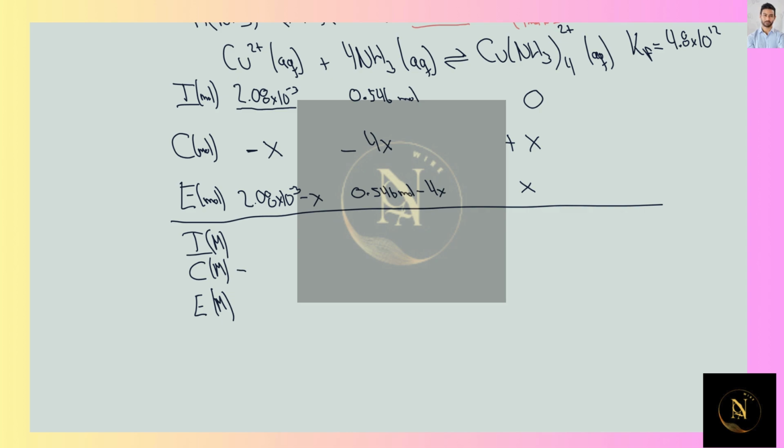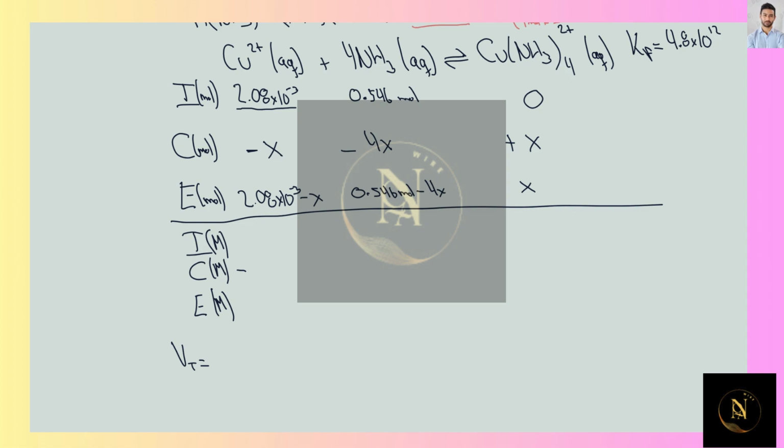The initial concentration is going to be the amount of mole divided by the total volume. In this case, the total volume is going to be the 16 milliliters that we had of the initial solution and the 1.4 liters that we have of the second one, right?